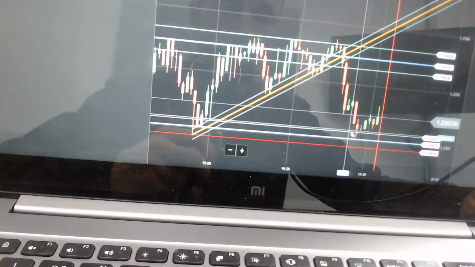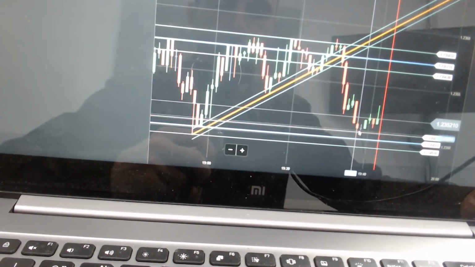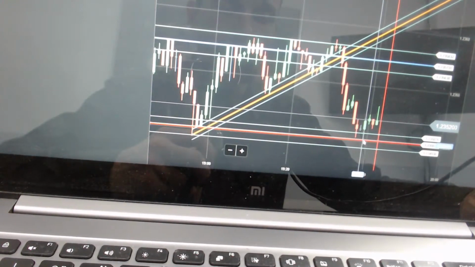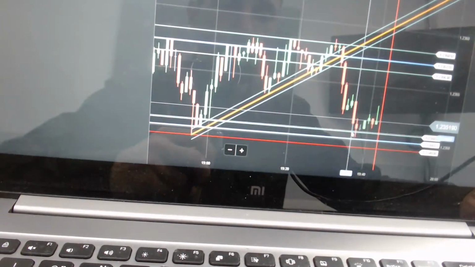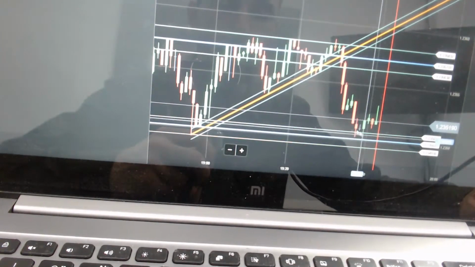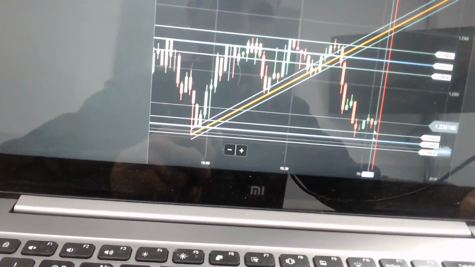So here is the same. The price reflected not from the line itself, but from the zone. It rebounded up from the zone, the support zone. That is the main idea.